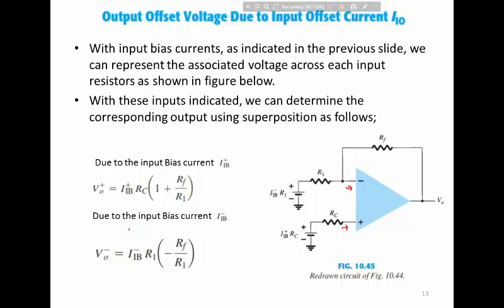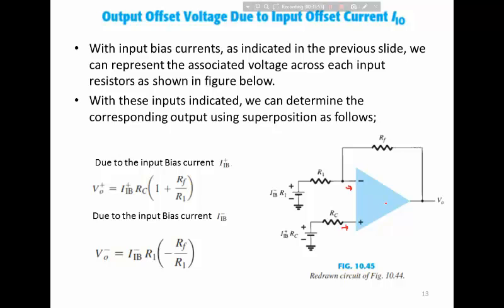Similarly, the output due to the input bias current on the negative side will be found by making this voltage equal to 0 and keeping this source intact. The output due to this input: the input is applied at the inverting terminal and the non-inverting terminal is grounded.